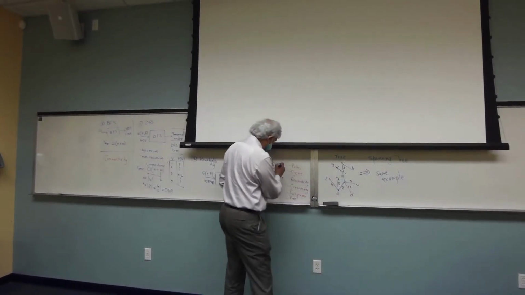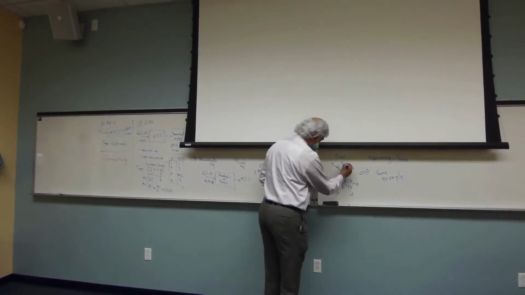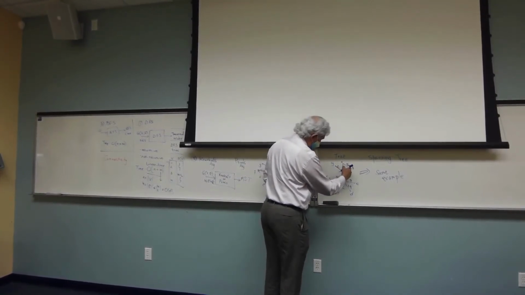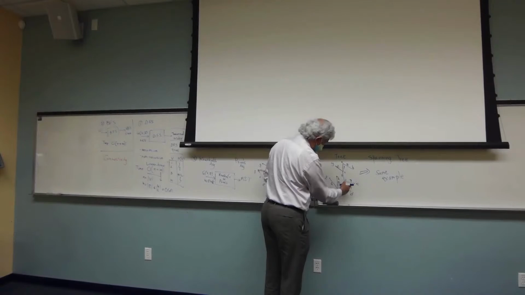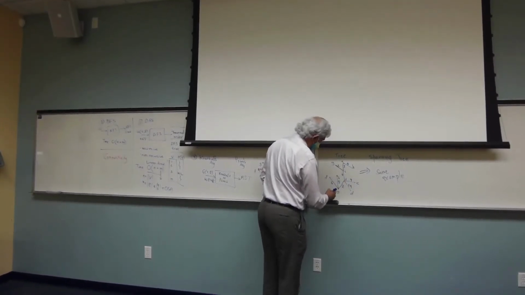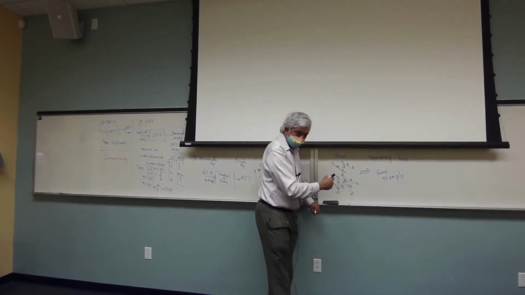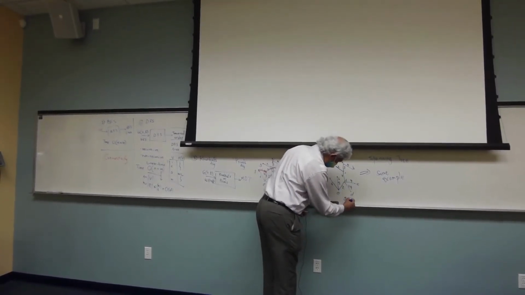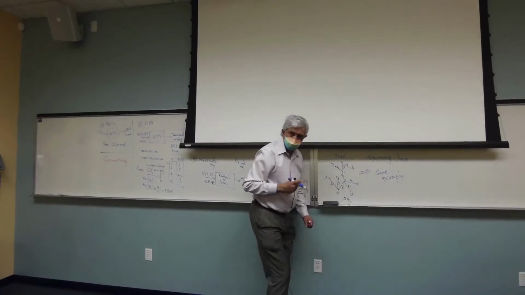So if these are the edge weights, then this particular spanning tree has a total weight of, this is 2 plus 3 plus 5, which is 10, 17, 24, 43, 45, 50, 54. So the total weight of all the edges here is 54.